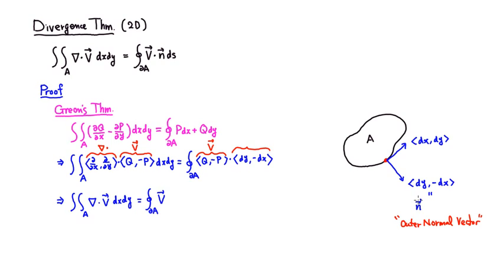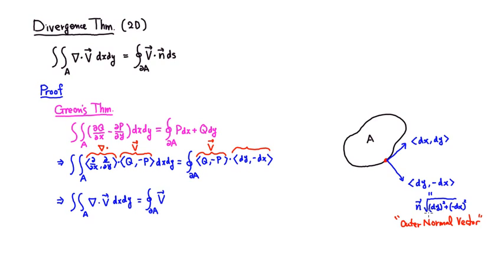Now, dy comma negative dx is parallel to the outer normal vector, and n has unit length, so we have to multiply by the length of this vector, which is the square root of dy squared plus negative dx squared, where the negative sign doesn't really do anything because it gets squared anyway.